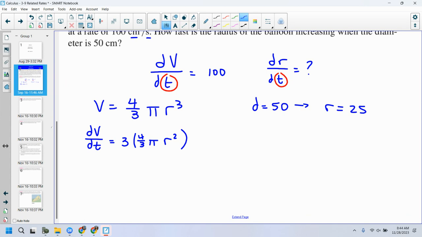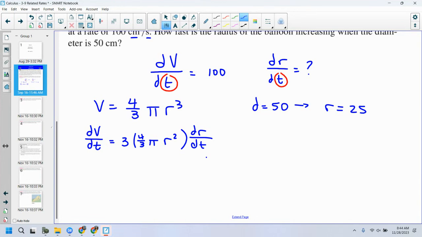Now, I'm still differentiating on the right side with respect to time, so I have to say 3r squared, and what goes here? Dr dt, right? Or if we're back in our old prime language, 3 times 4/3 pi r squared r prime, which is dr dt.